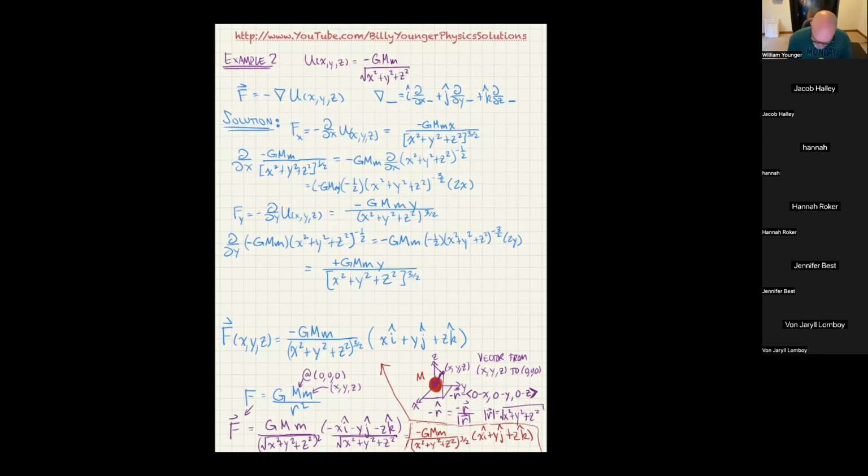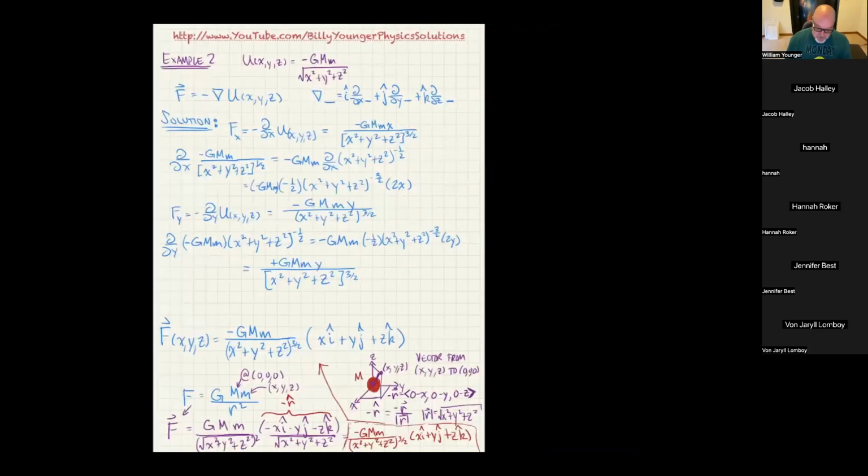Let me remind everybody, this is the unit vector negative r hat. Remember that a hat on top of a vector means a unit vector, and r is generally just a vector that points radially outward. That's why I put a negative in front of it, to show you it's this specific one that points towards the origin. Any questions on that?